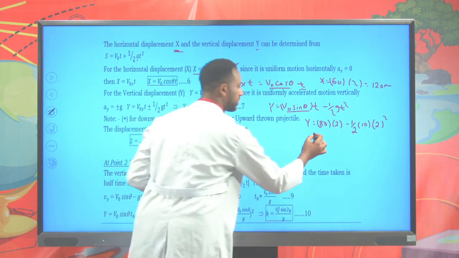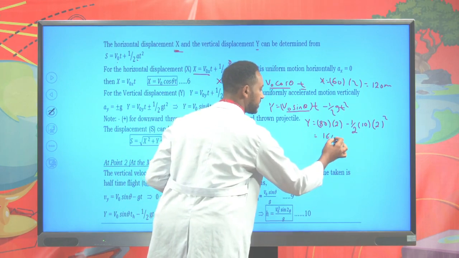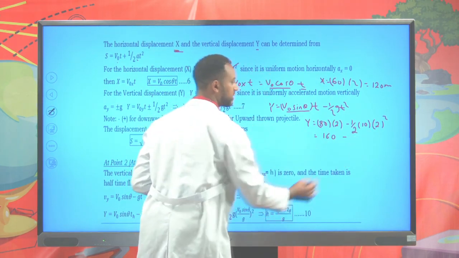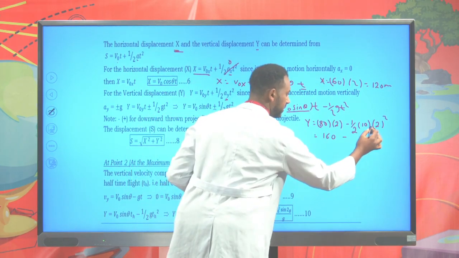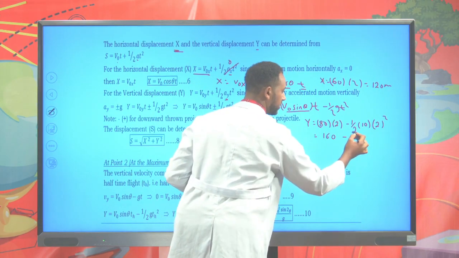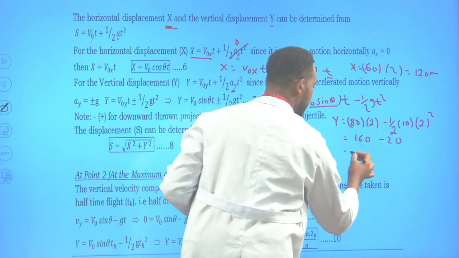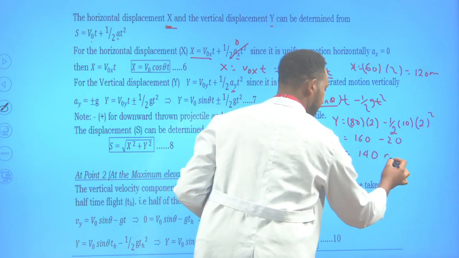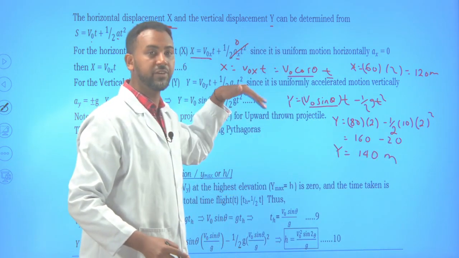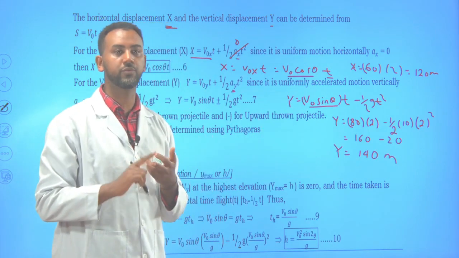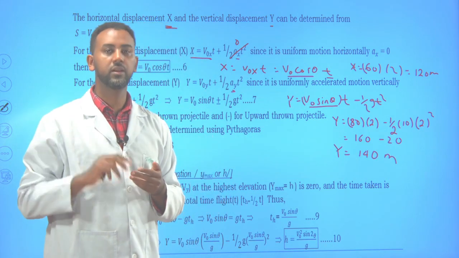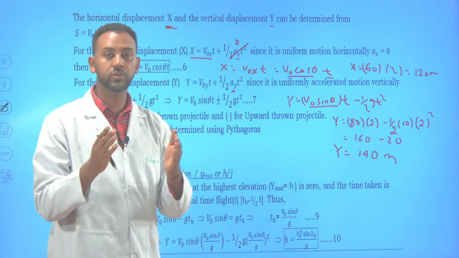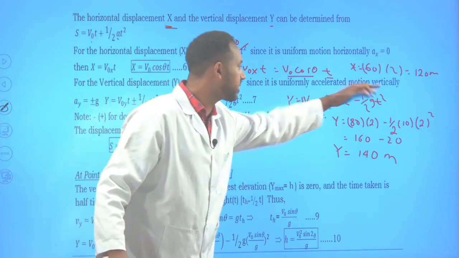Therefore, this gives us 160, and this gives us 40. You can eliminate the 2 and the squared 4, and here 20. When you subtract these two, this gives us 140 meters. The vertical elevation of the projectile becomes 140 meters, and the horizontal component is 120 meters.